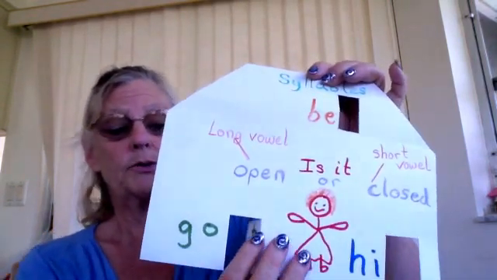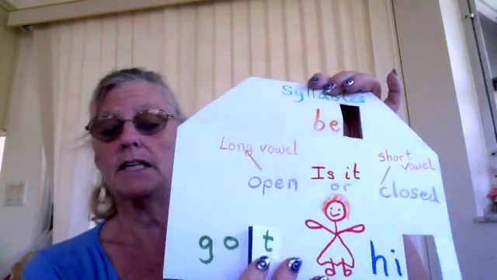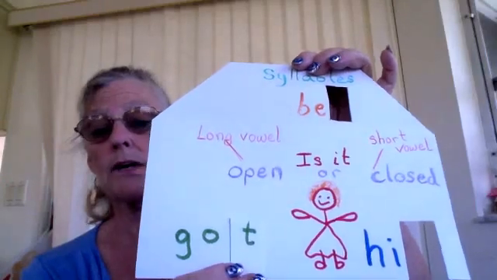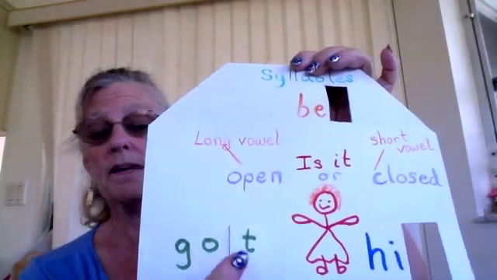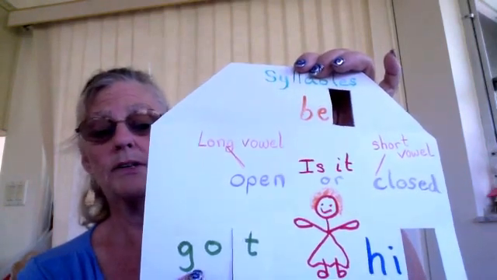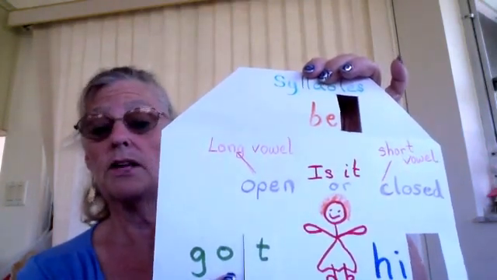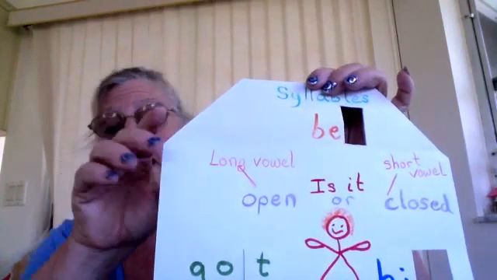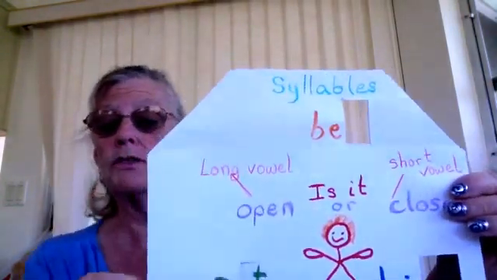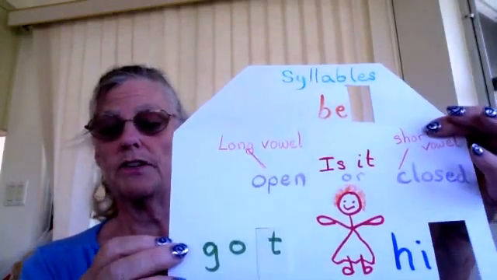If I close the door though and put a T on the end, it's now a closed syllable because I have a single consonant at the end, and the word now is got. The O now has a short vowel sound. If it's a closed syllable, it's a short vowel sound.